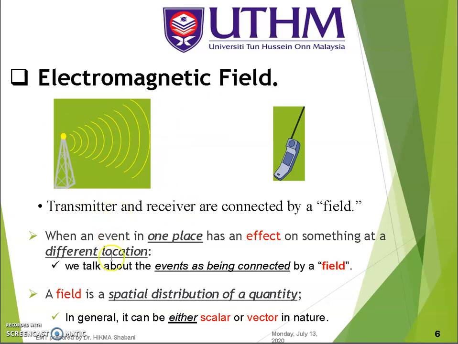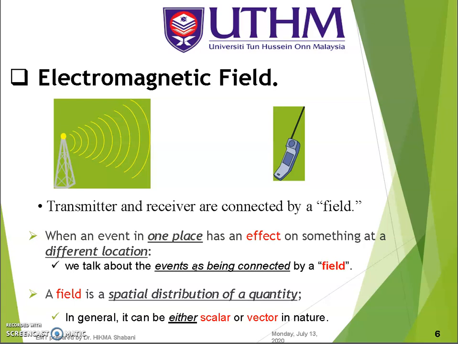So it is defined that when an event in one place, in our case here from the base station, has an effect on something at a different location, in this case your mobile phone, so when this base station is making some impact at your phone, we say that the event is being connected by a field.